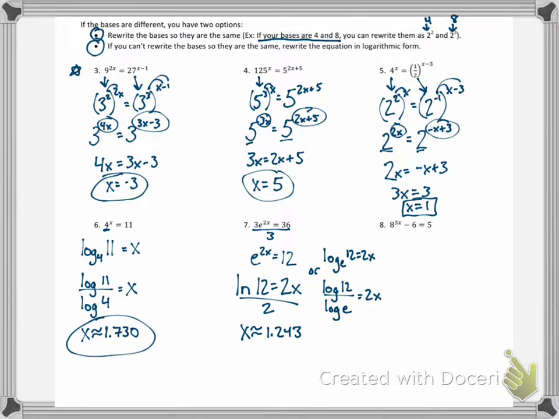But if you do this, you will end up with 2.485 equals 2x. Divide by 2, and you'll get something around 1.243. So you get the same answer either way.